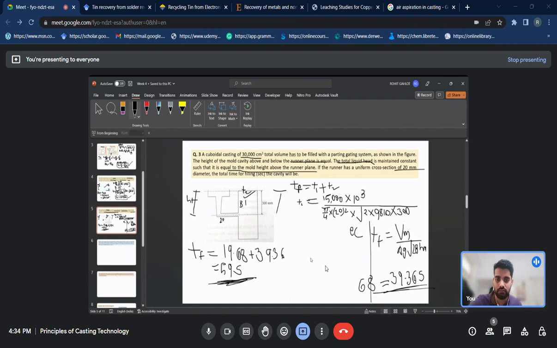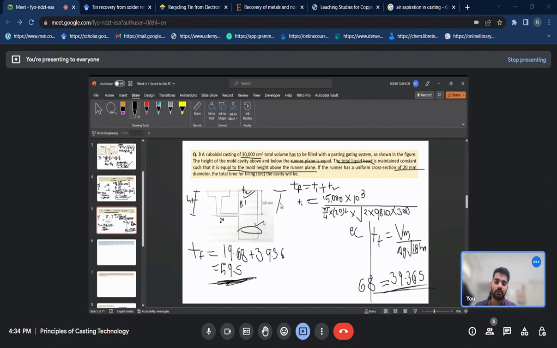Okay then. This was the last problem for the filling of the bottom gating and top gating systems. The problems may get complicated. How may the problem get complicated?